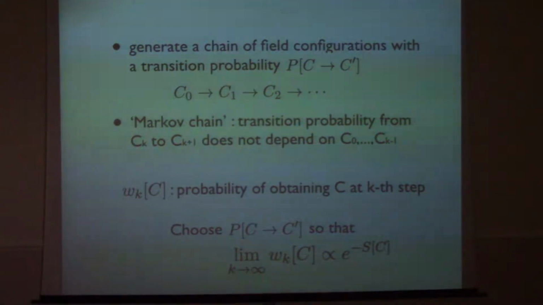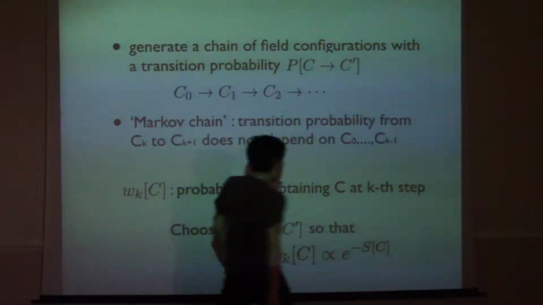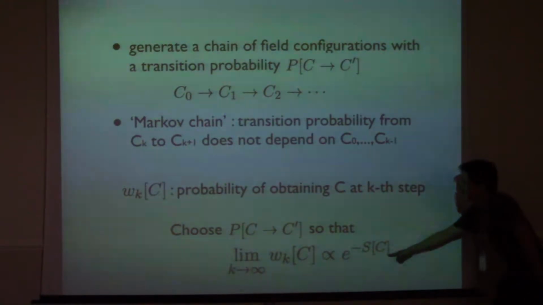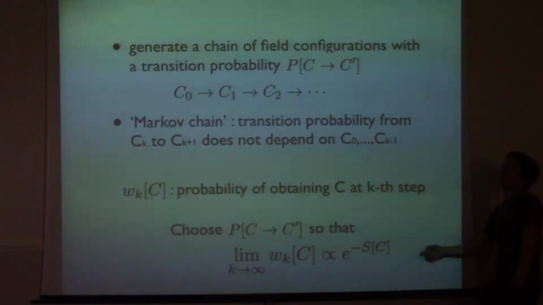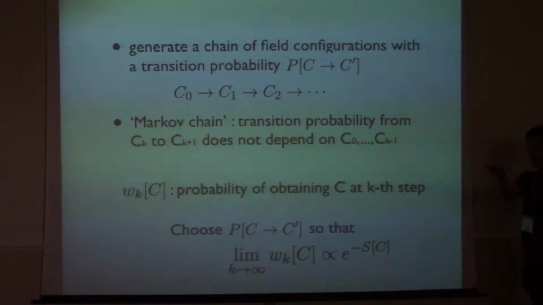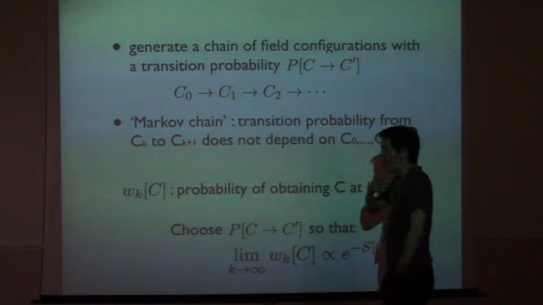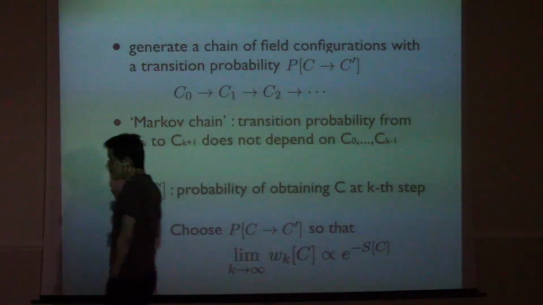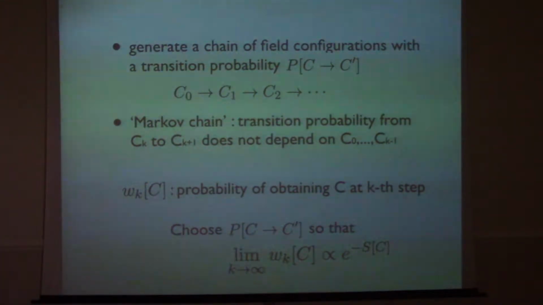I will give you the notion of importance sampling. If you just randomly generate configurations, almost all configurations have a very small weight, like e to the minus 10,000, which never contributes to the path integral. So you need a lot of samples. In Markov chain Monte Carlo, we can generate only important samples, which really contribute to the path integral. And that's the difference.